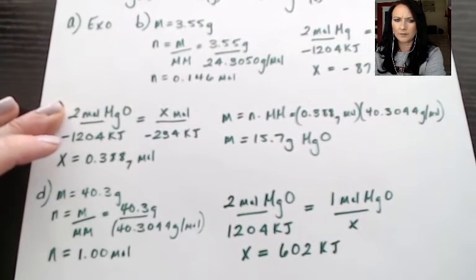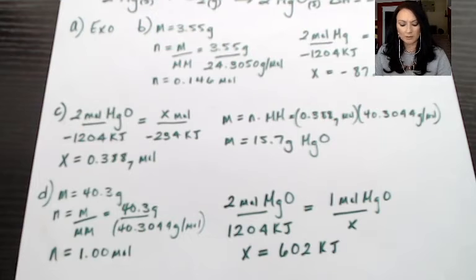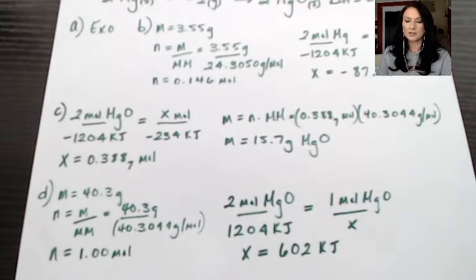So here's part D. How many kilojoules of heat are absorbed when 40.3 grams of magnesium oxide are decomposed at constant pressure? So this time I'm looking at the product and I want to know the opposite direction. I want to know something about the reverse reaction.